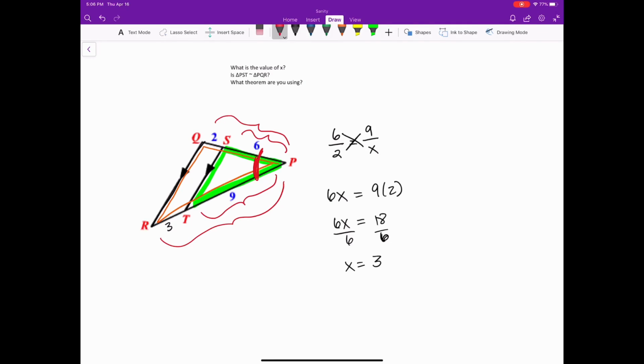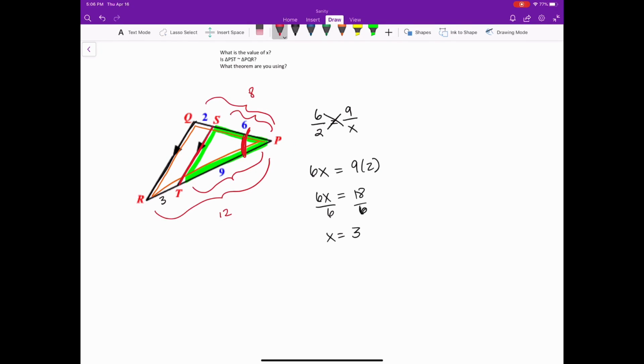Well, if you think about it, we just said that this is dividing our segments into proportional sides, but this entire length would be a length of 8, and this entire length would be a length of 12, correct? So if I set up these proportions between my sides, between this PS side of 6 and the PQ side of 8, my smaller side to my bigger side, 6 over 8, is it going to be the same ratio as my smaller side, this 9, to my bigger side of 12, 9 over 12?